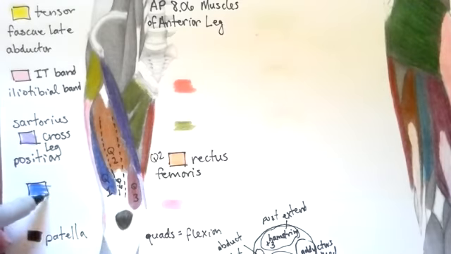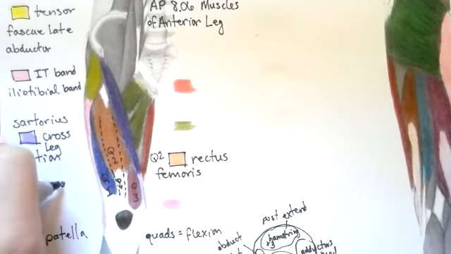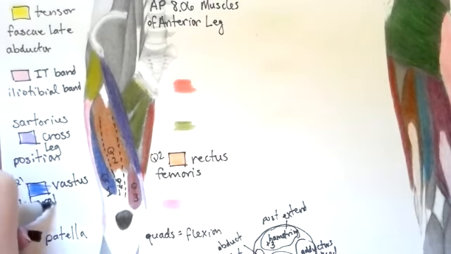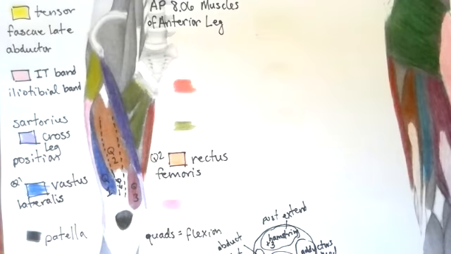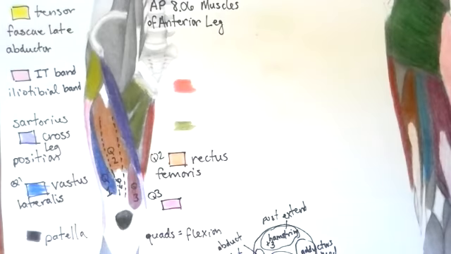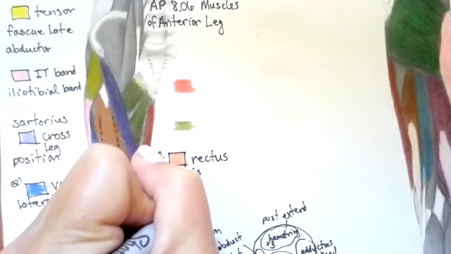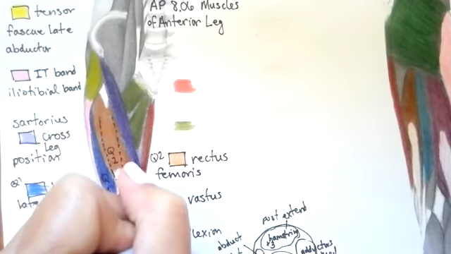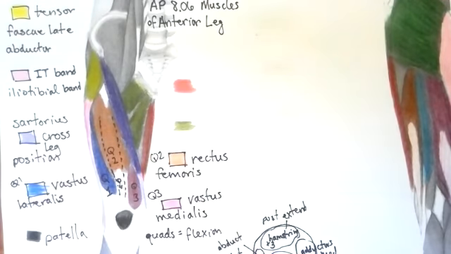Q1 in blue is called the vastus lateralis. And in pink here, Q3 is the vastus medialis. Why? Because this is medial and this is lateral.